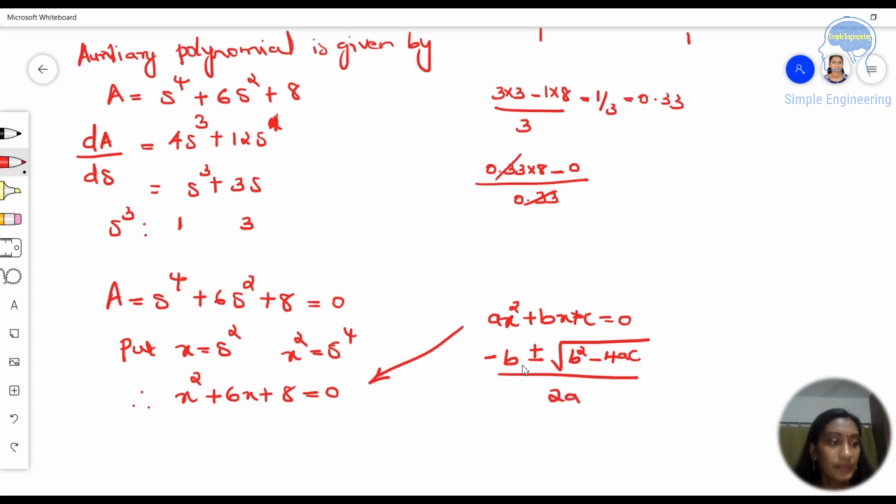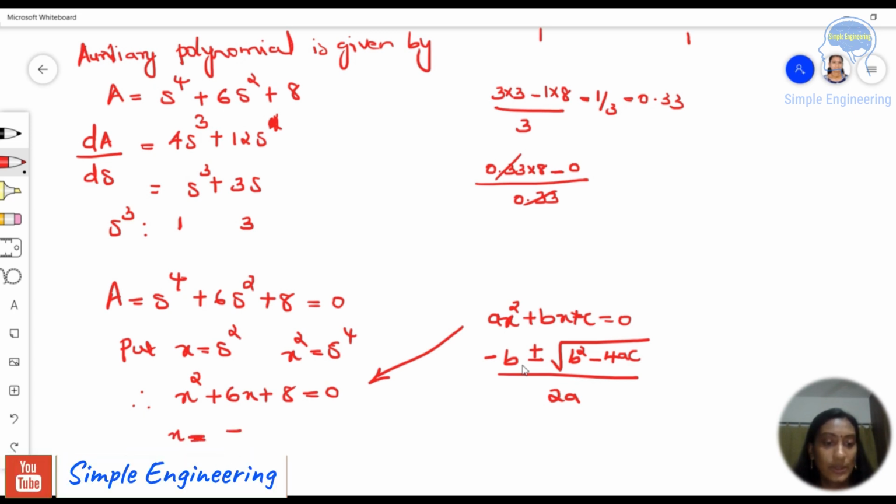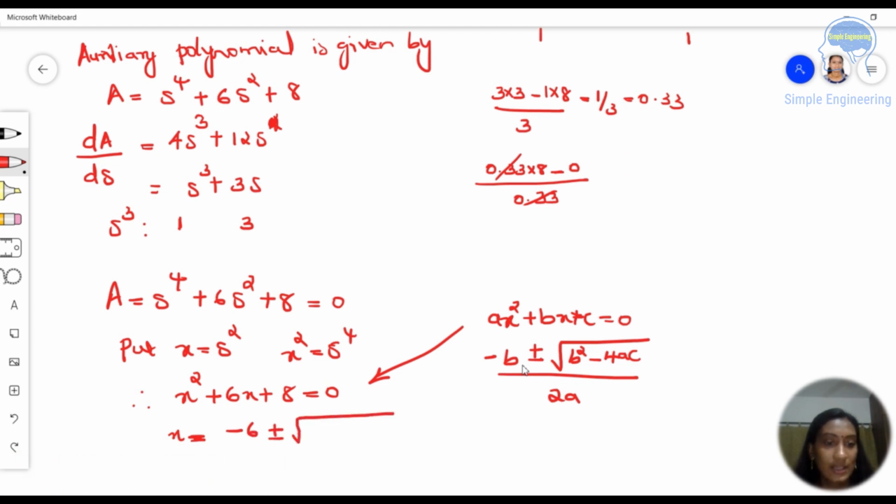So here you have to find the value of x, which will be equal to minus 6 plus or minus root of 6 square, which is 36, minus 4 into a, which is 1, into c, which is 8, that is 4 into 8, the whole divided by 2. So here you will get x value as minus 2 or minus 4.